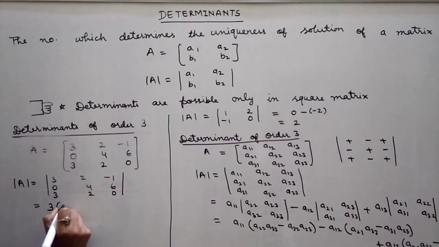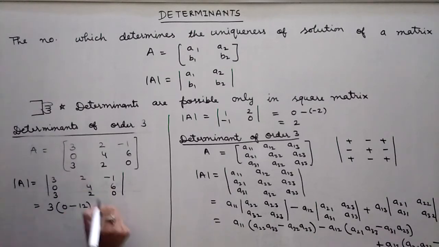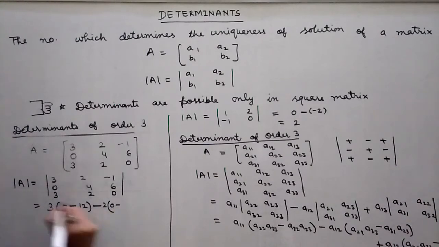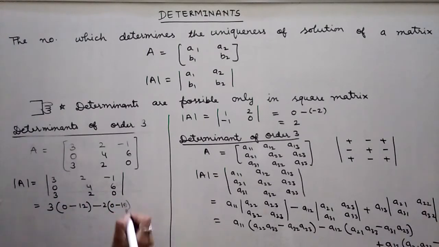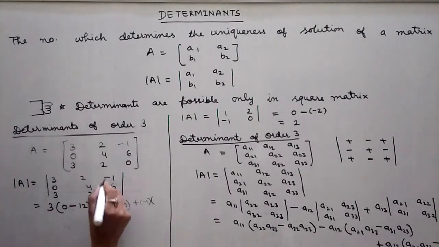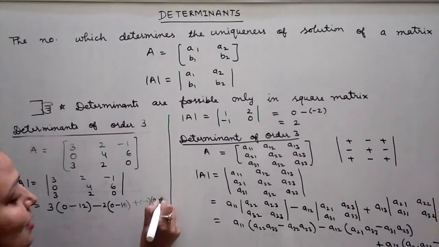4 into 0, that is 0, minus 12. Minus, with the second sign, 2. This row and column will cancel. 0 into 0 is 0, minus 6 times 3 is 18. Now the third is minus 1, there is a positive sign. With the minus 1, we have 0 minus 12.